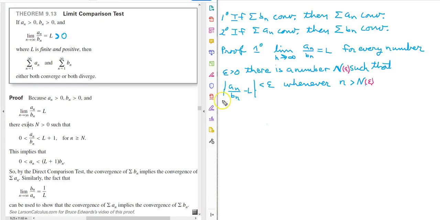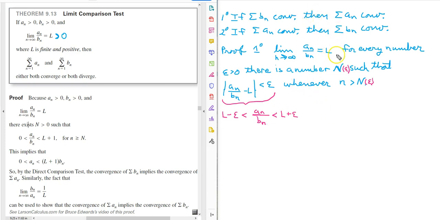And also keep in mind that this quantity right here is the same as saying an over bn has to be sandwiched between L minus epsilon and L plus epsilon. So as the epsilons are taken smaller and smaller, the an over bn terms are being squeezed closer and closer towards that limiting value L.